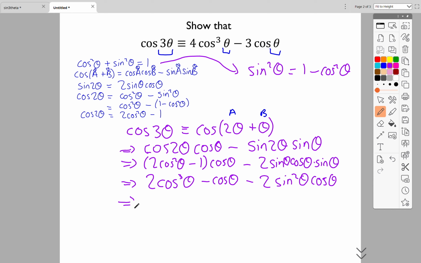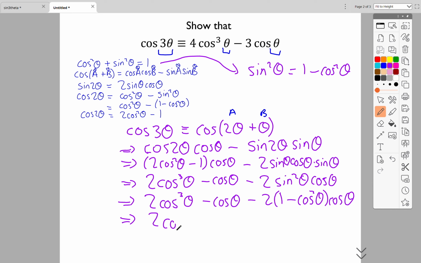So our next line, we're going to get 2 cos cubed theta minus cos theta minus 2, and we've got open brackets, 1 minus cos squared theta multiplied by cos theta. Now you've got to be careful with your negatives here. I always think that actually weirdly the cos one is slightly more difficult than the sine one, just because the double negatives are a little bit trickier.